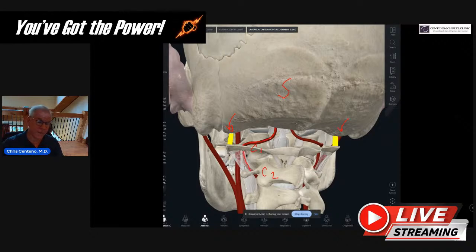One of the problems with injecting this ligament is you need to make sure you're not in the vertebral artery, because if you are, that's a bad day for everyone. That can cause a brainstem stroke. So this is one of those ligaments that needs fluoroscopy with digital subtraction angiography, just like injecting the C0, C1 joint or the C1, C2 joint. You need to make sure that you're not in that artery before injecting.